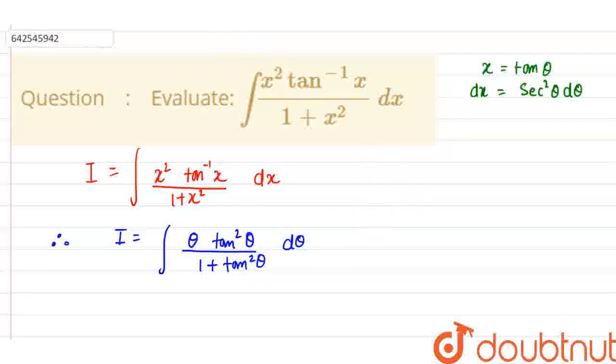And guys, we know that 1 plus tan square theta is equal to secant square theta, right?